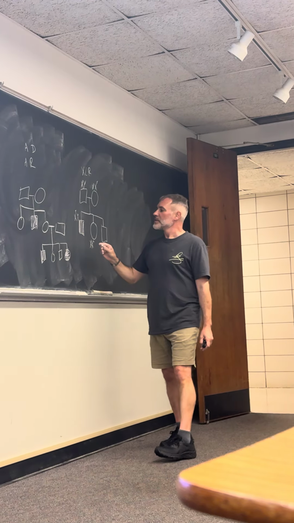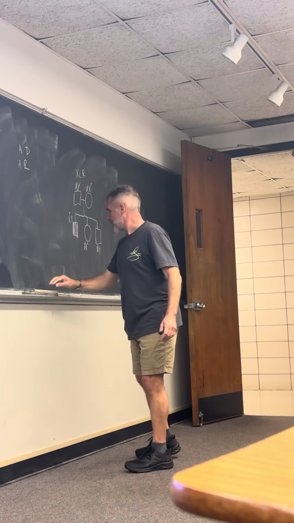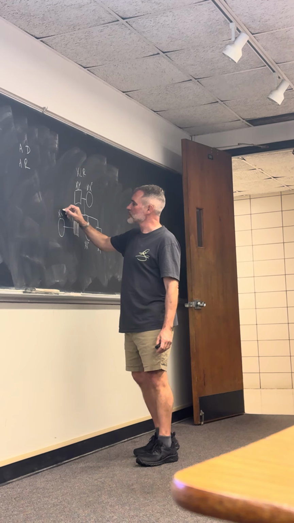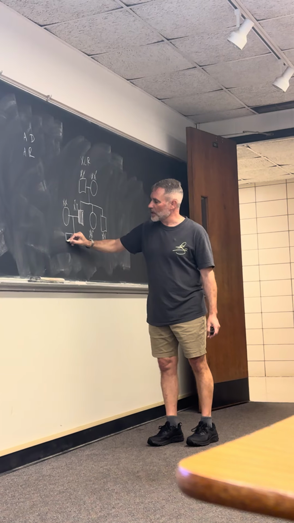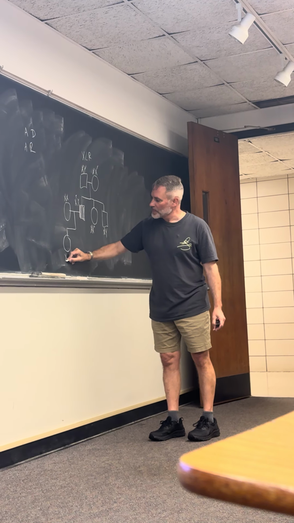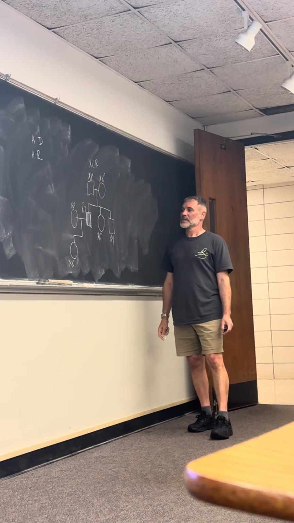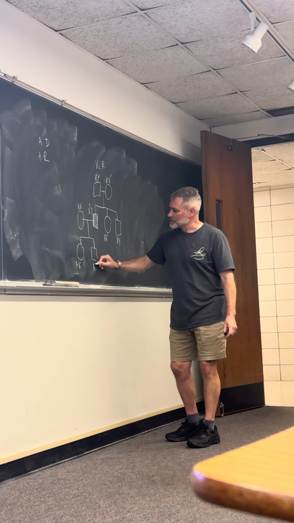Then again, in the next generation, if this male passes it on, let's assume his mate is unaffected. If he passes it on, all of his daughters will get his X chromosome, but they'll still just be carriers. His sons will get his Y chromosome, so they can't be affected by his trait.